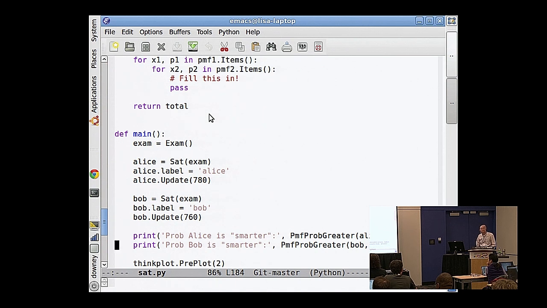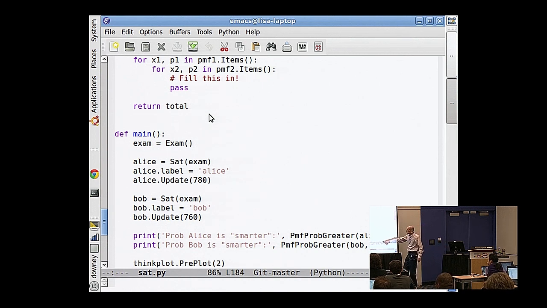Okay, so here's the setup. I'm going to instantiate two instances of this SAT object, one for Bob and one for Alice. I'm going to do two separate updates, so I'm going to end up with two posterior distributions, one for each of them.